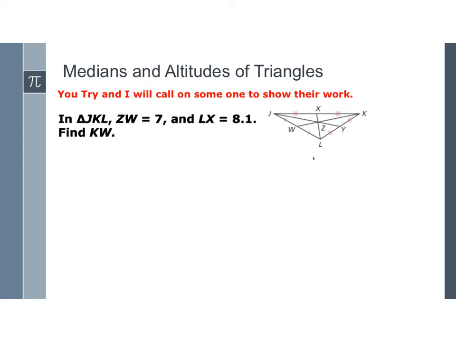All right, ladies and gentlemen, let's look at this one. In triangle JKL, ZW is 7, and LX is 8.1.